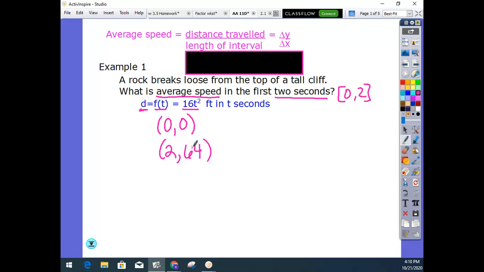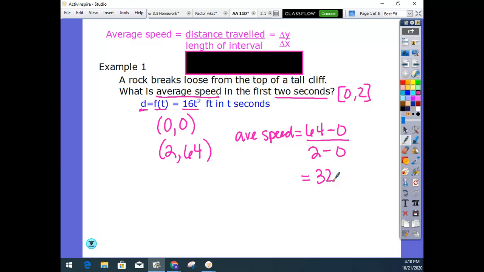So this is my distance, this is my time traveled. So average speed is 64 minus 0, change in distance, over 2 minus 0, change in time. So I get 64 over 2, which is 32 feet per second.